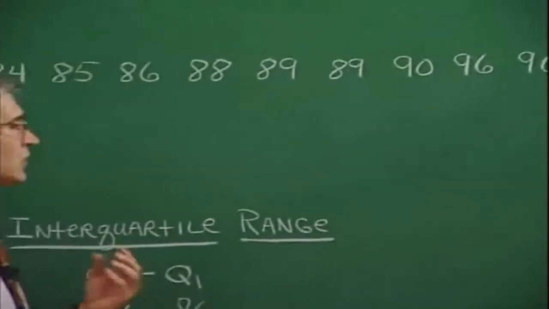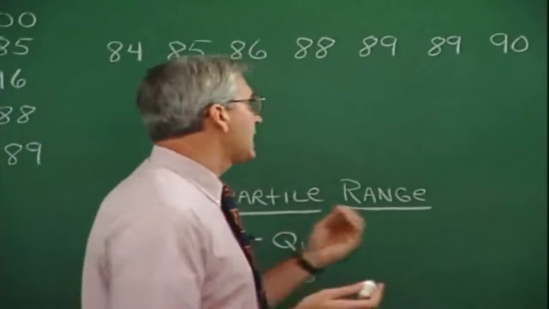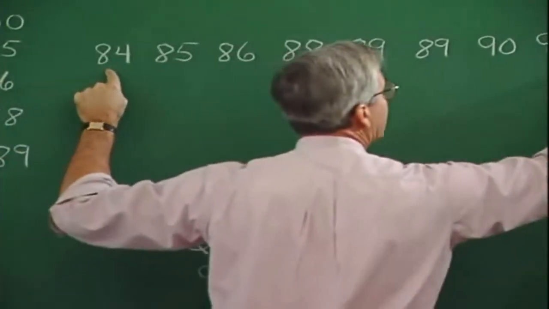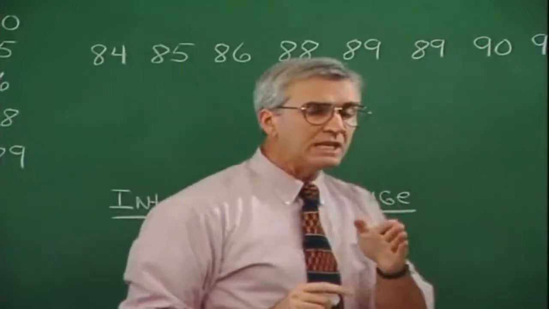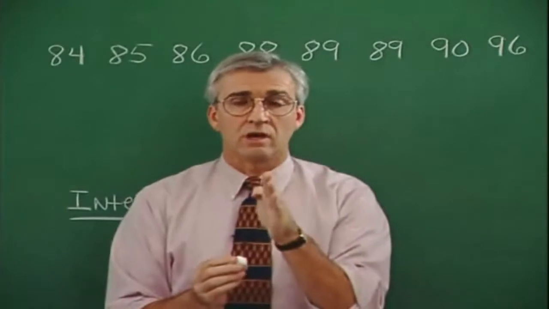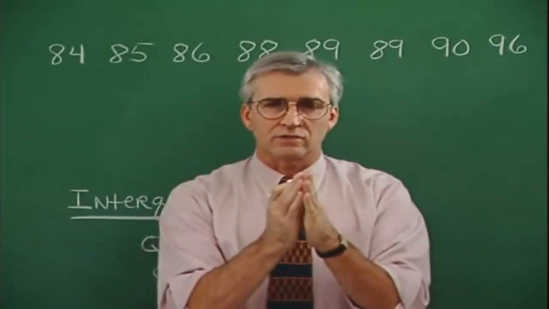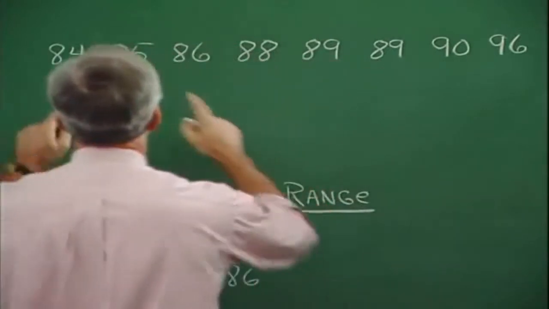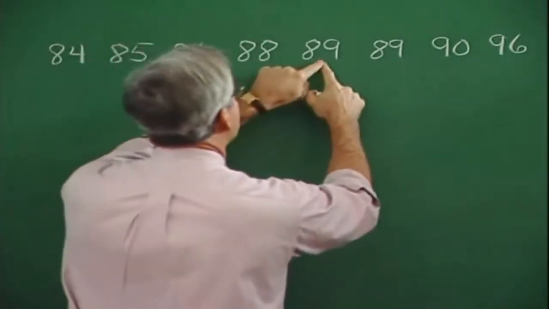The median would be the second quartile value. Since we have 1, 2, 3, 4, 5, 6, 7, 8, 9, 10 values, the median is between the 5th and 6th, because the median is a number that gives us as many data values above as below that number. So 1, 2, 3, 4, 5, and here's the 6th.